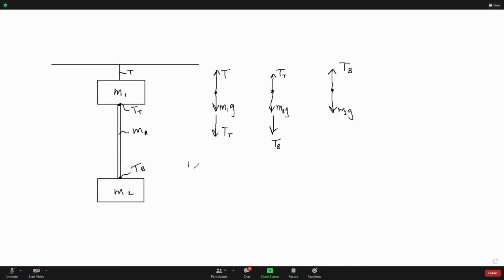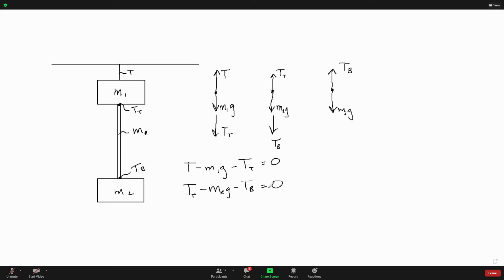So for body one, we have T minus M1G minus T at the top equals 0. Now, for the second body, we have T at the top minus the mass of the rope, G, minus T at the bottom equals 0.